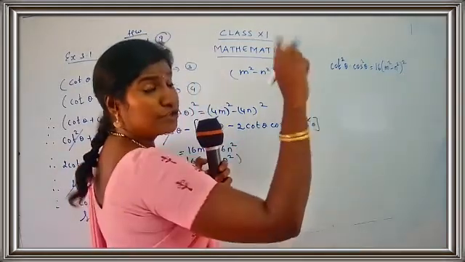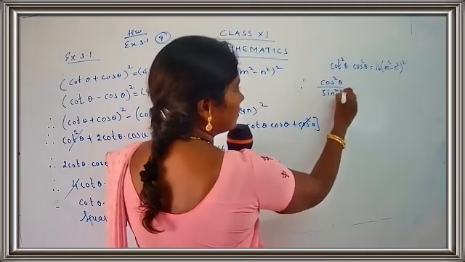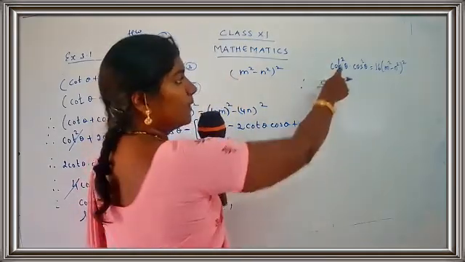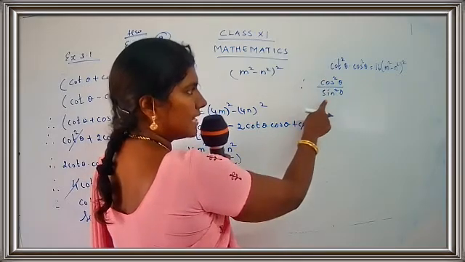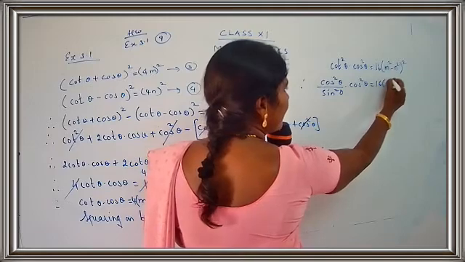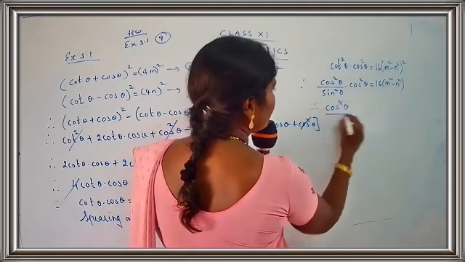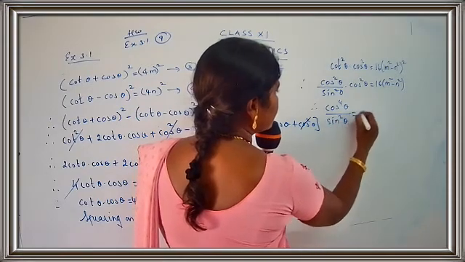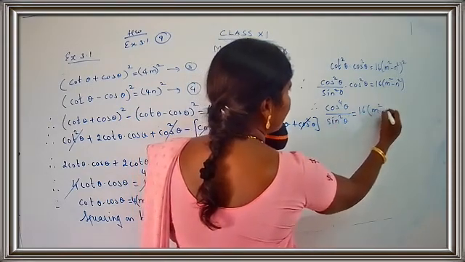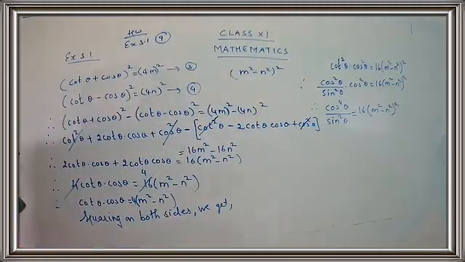This cot square you change as cos theta upon sin theta, because cot is cos upon sin, and here the power is 2. So you get cos square theta upon sin square theta into cos square theta is equal to 16 (m square minus n square) the whole square. So cos raised to 4 theta upon sin square theta is equal to 16 (m square minus n square) square. Do not forget the square symbol. That's what we need: 16 (m square minus n square) the whole square.